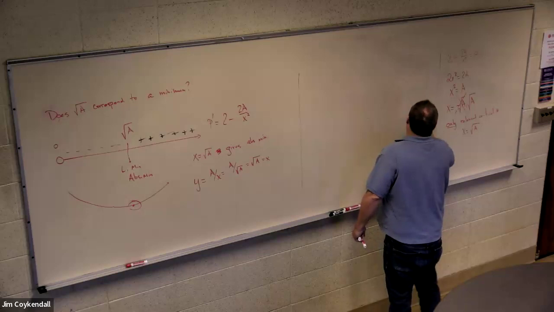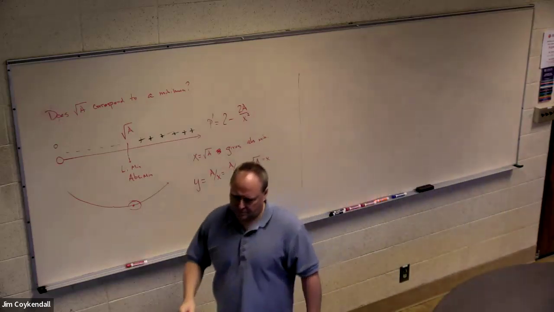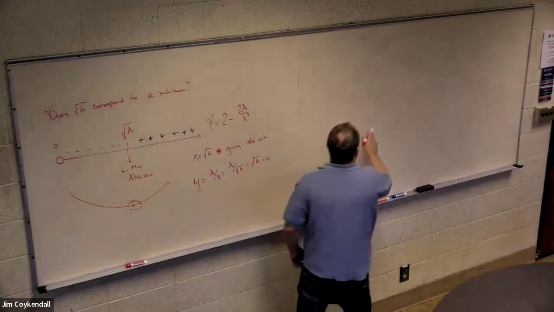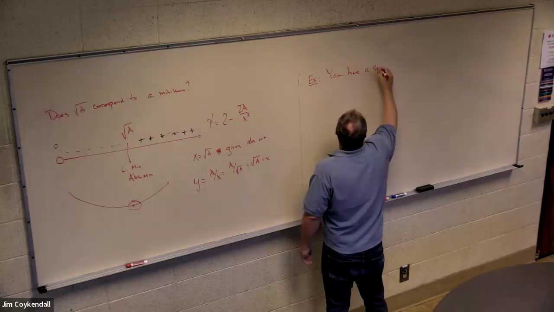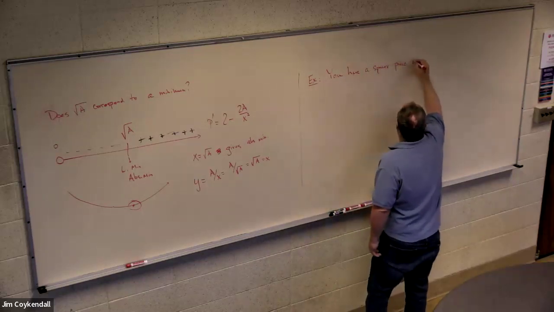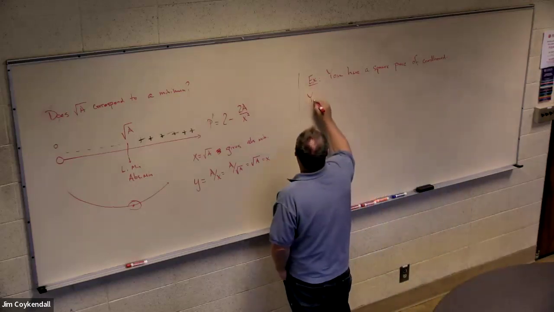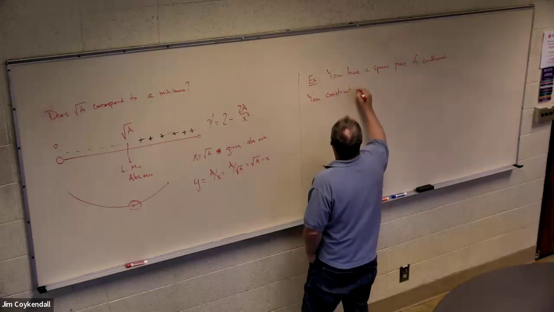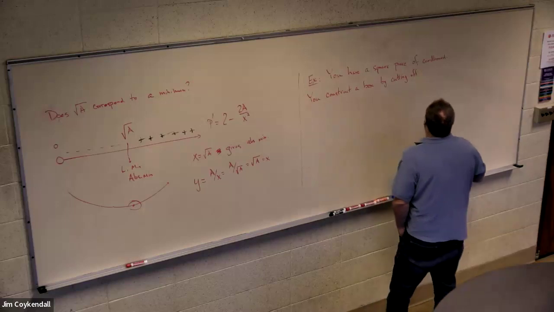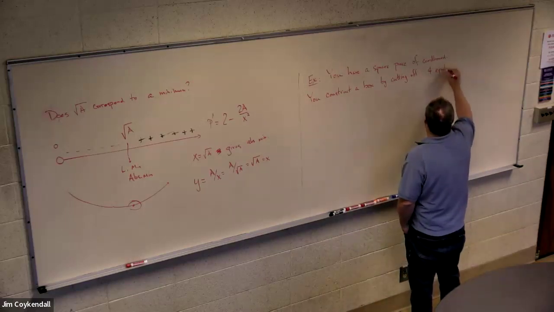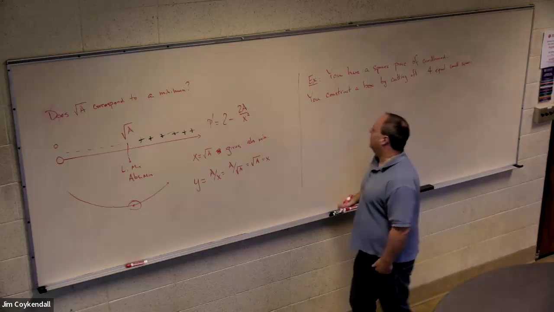Here's one. Square. Perfect. And what you're going to do is construct a box by cutting out four equal small squares from the corners.